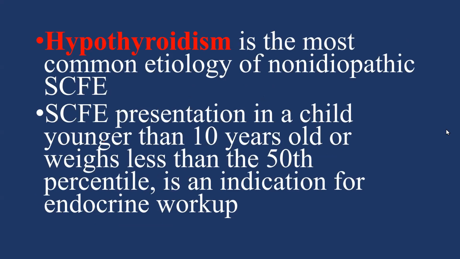Hypothyroidism is the most common etiology of non-idiopathic slipped capital epiphysis. Slipped capital femoral epiphysis presentation in a child younger than 10 years old or who weighs less than the 50th percentile is an indication for endocrine workup.